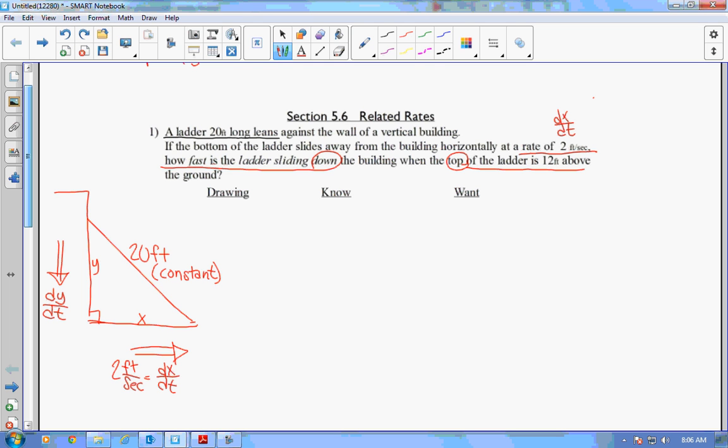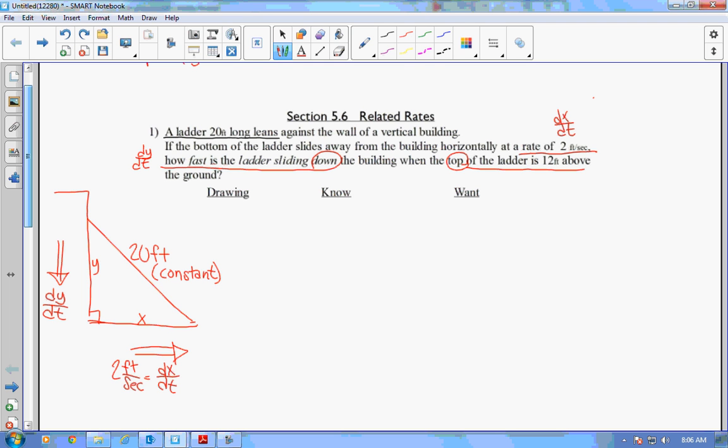How fast is the ladder sliding down? We're trying to find dy dt. Okay, so we can fill in our knowns. We know a few things. We know the ladder is 20 feet. Can we give a name for the side of the right triangle? Hypotenuse, what do you want to call it?